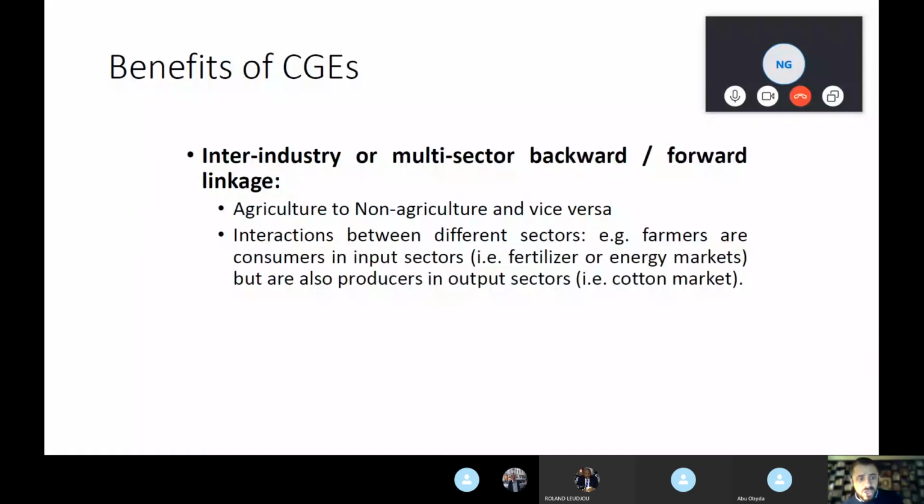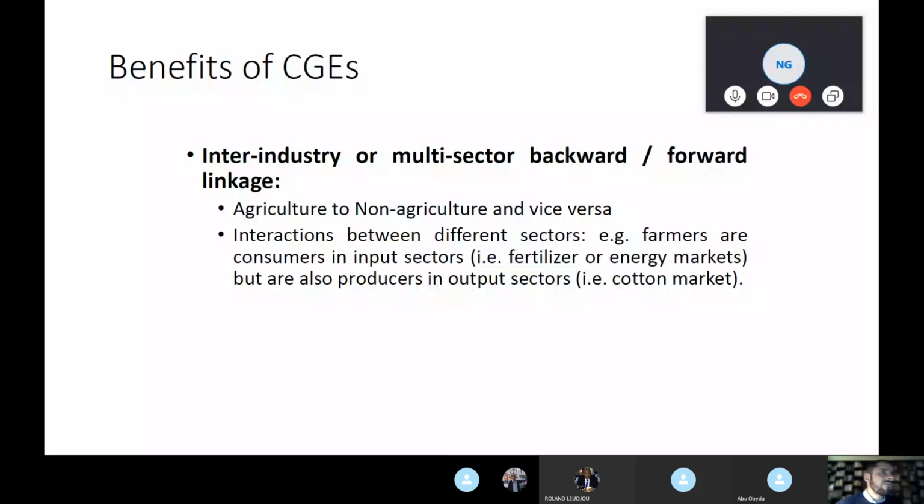The second benefit of a CGE model is that we can examine different inter-industry or multi-sector backward and forward linkages. Why? Because we have the input-output table that shows us how each sector depends on other sectors, and what kind of inputs are required from each sector in order to produce a certain good.